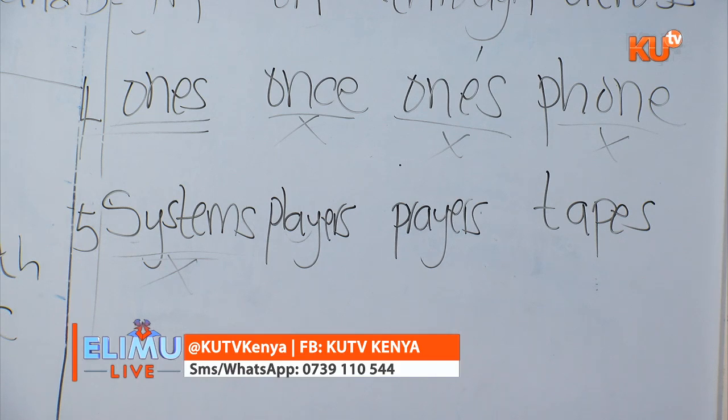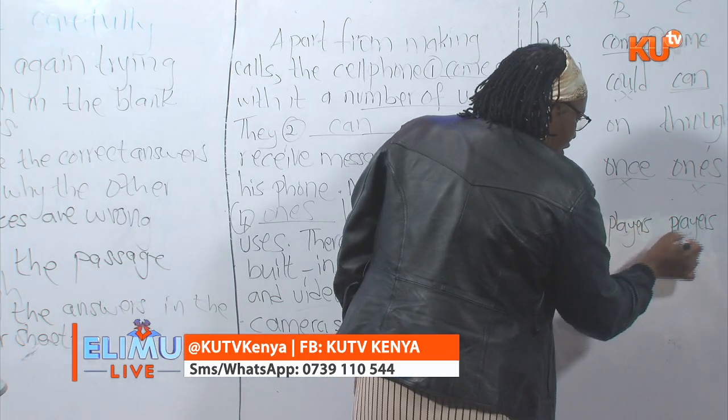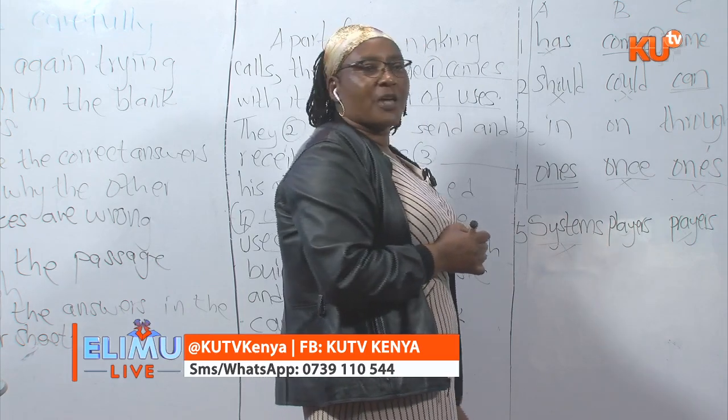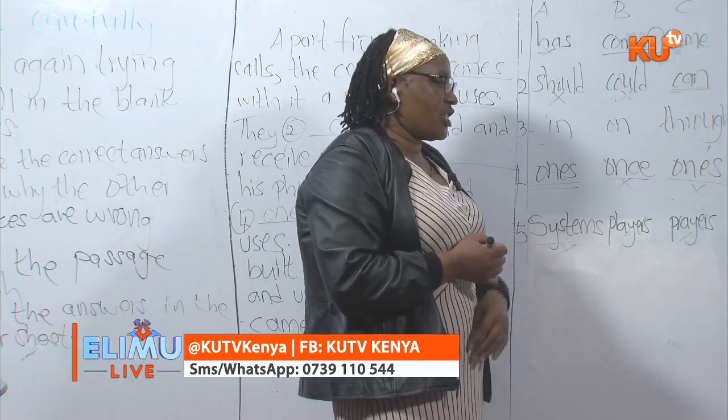So, what is a video system? You are supposed to ask yourself what a video system is, what a video player is, and then here the spelling is wrong. We cannot have a video prayer. It has a different meaning altogether, and it is not a vocabulary which is taught in technology.